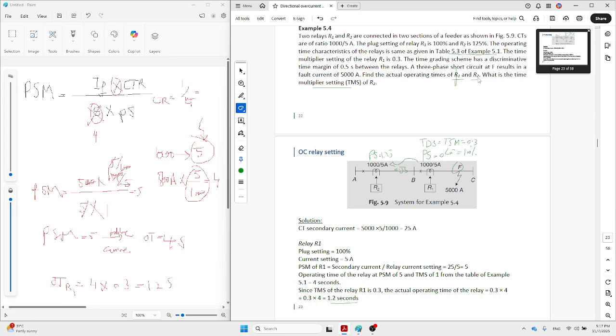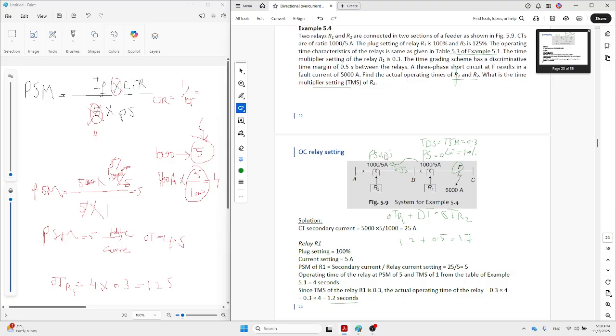This is done. Number 2, the operation time of relay 2 is found this way: the operation time of relay 1 plus the discrimination time equals the operation time of relay 2, correct? So relay 1 is 1.2 plus the discrimination time given as 0.5, which becomes 1.7.